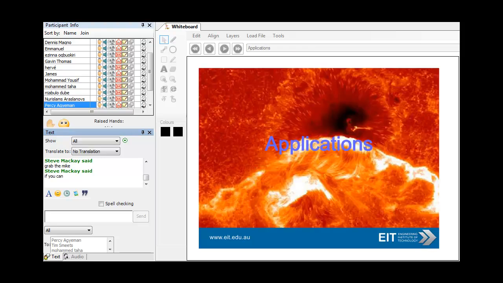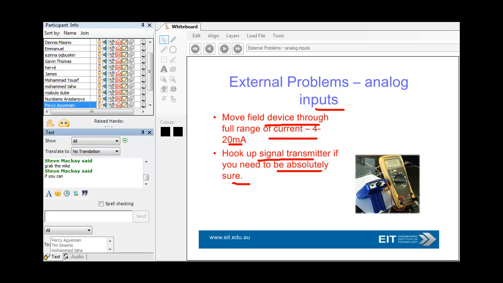One other little challenge with these inputs, if you've got problems, and it's beyond the scope of this presentation, but the topic which has caused me to have grey hairs. I was trying to tune a loop, a PLC loop, a PID loop.